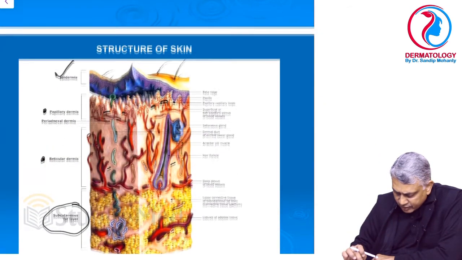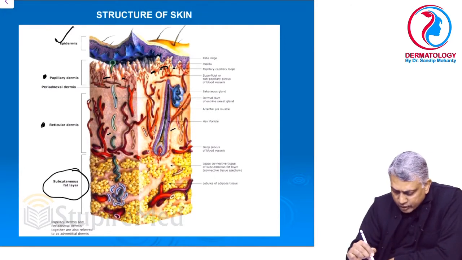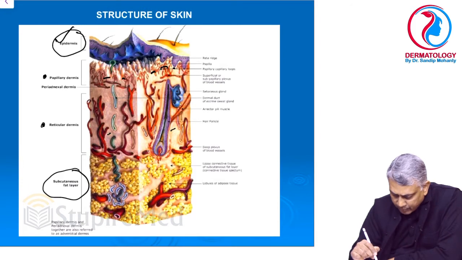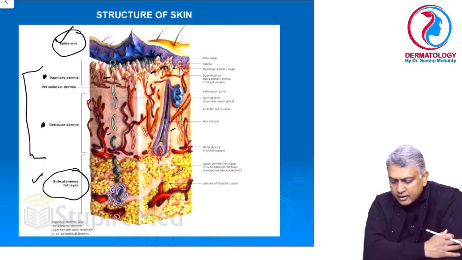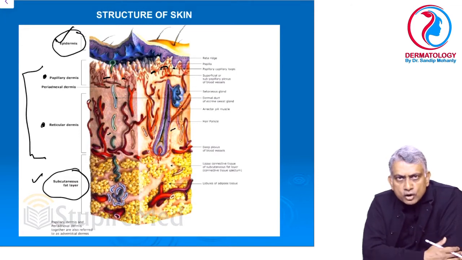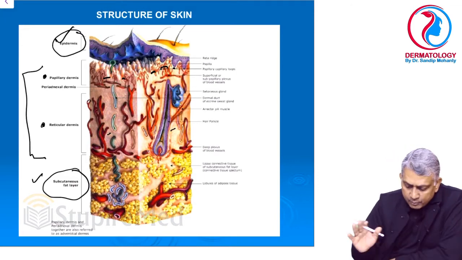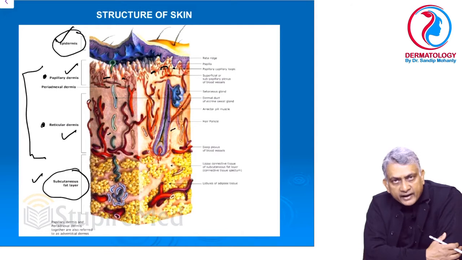So you can see the structure of the skin. It's composed of epidermis, dermis and subcutaneous layer. The subcutaneous layer is also known as hypodermis, and dermis is divided into two parts: papillary dermis, the upper portion, and the lower portion known as reticular dermis.